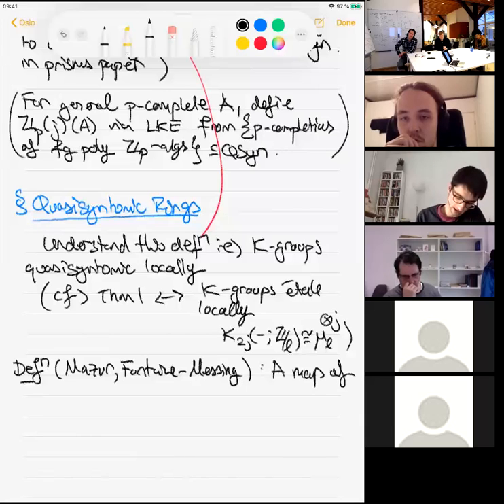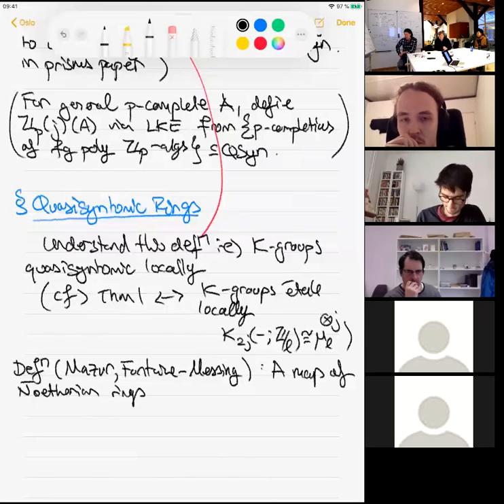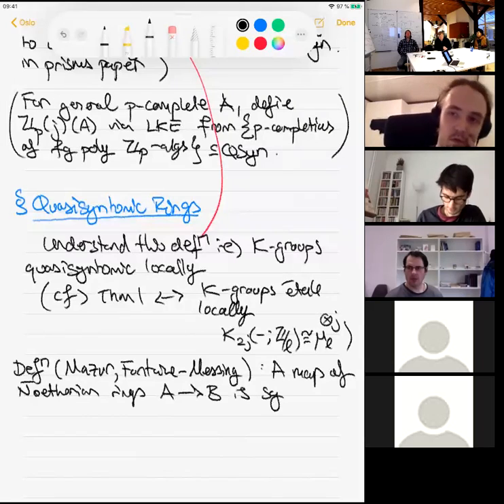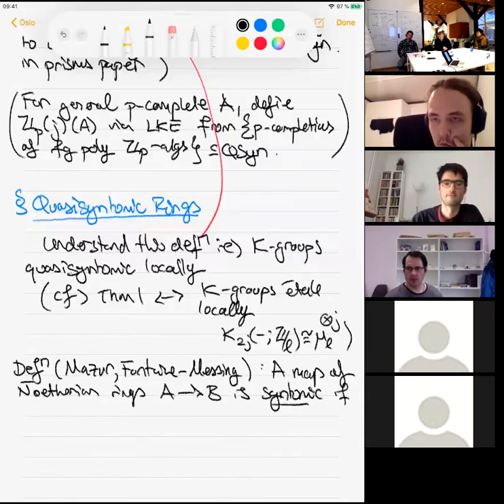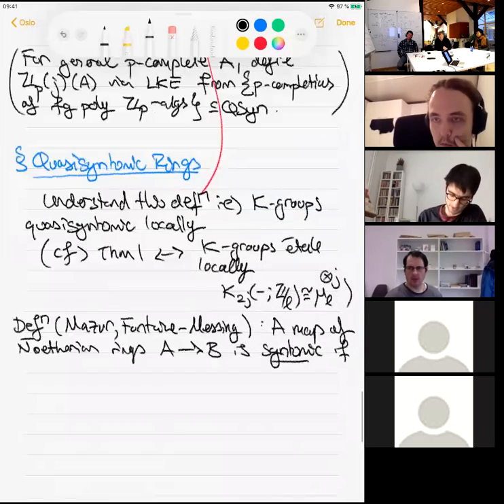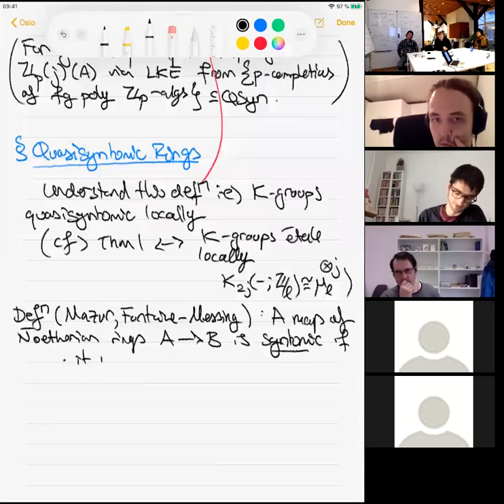So one says that a map of, I think I really only define this in the Noetherian case, is said to be syntomic if you ask it to be flat and it is a local complete intersection.